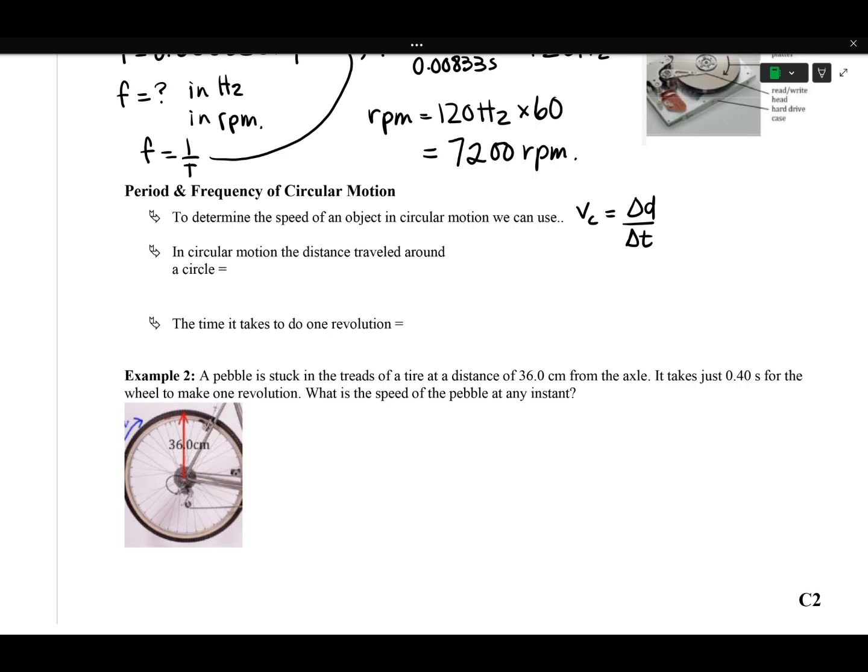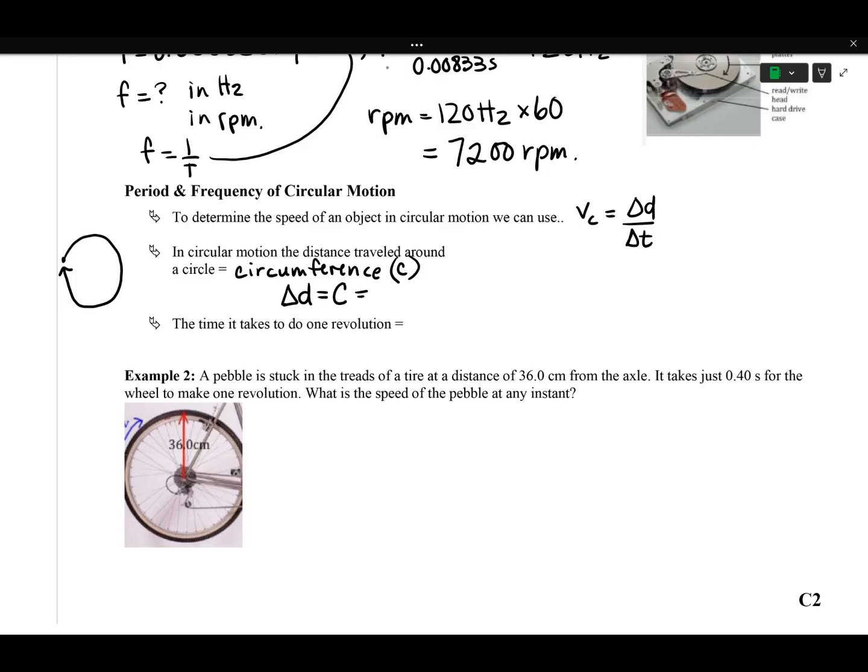In circular motion, if you travel around a circle, what is that equivalent to in relation to the circle? That would be its circumference, capital C. So our change in distance on a circular pathway is equal to the circumference.